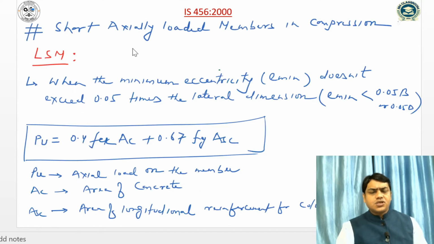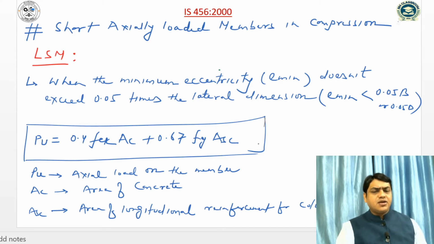Short axially loaded member in compression. Now I am going to discuss the short axially loaded member in compression. In the limit state method, when the minimum eccentricity does not exceed 0.05 times the lateral dimension, means minimum eccentricity is less than 0.05 B or D, then the axial load on the member can be computed by this formula.